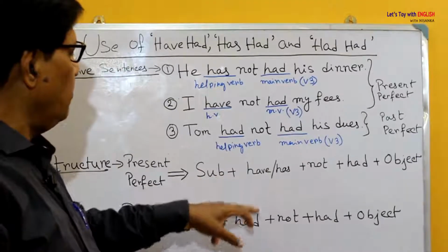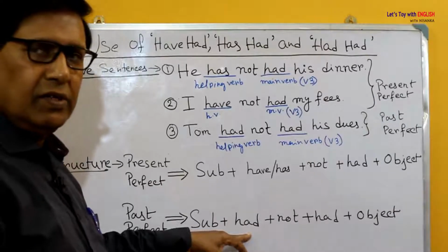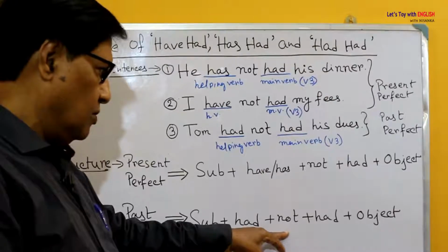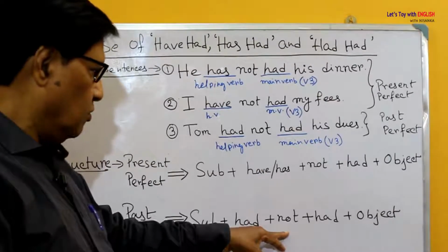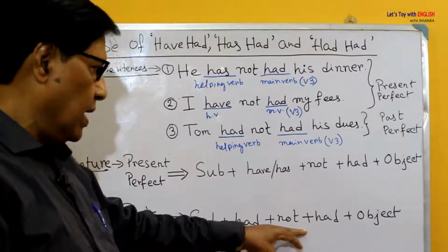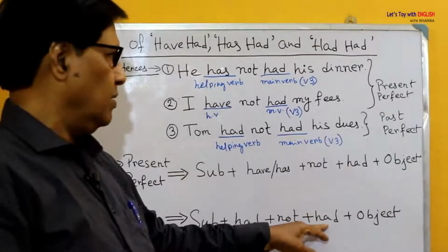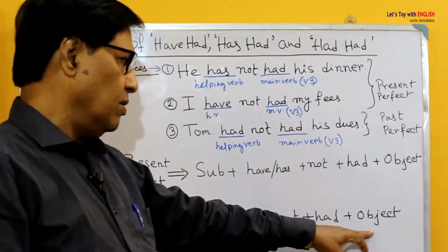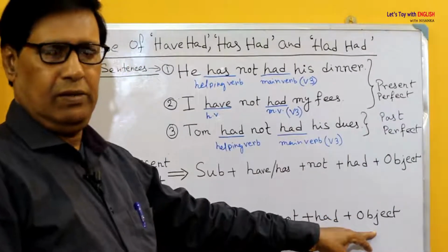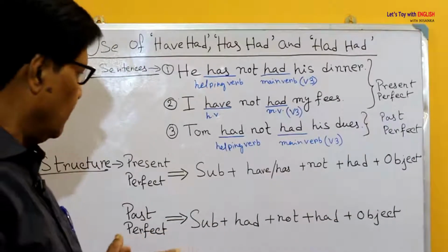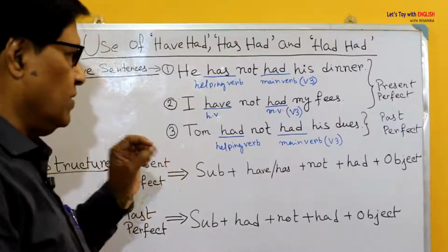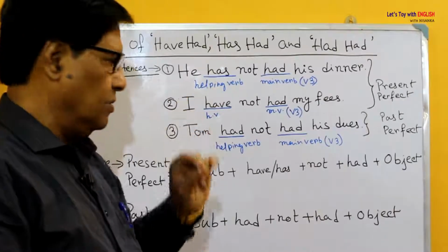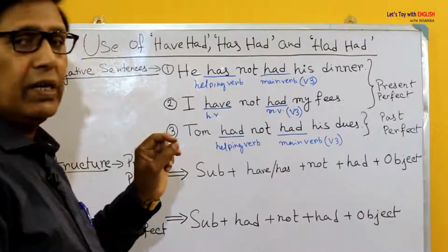In place of have, there should be had since it is in past perfect tense. Plus not to indicate the negative sense, and then had as usual. This is the main verb, plus object if there be any. There is not much difference. The only difference is the addition of not to mean the negative sense.